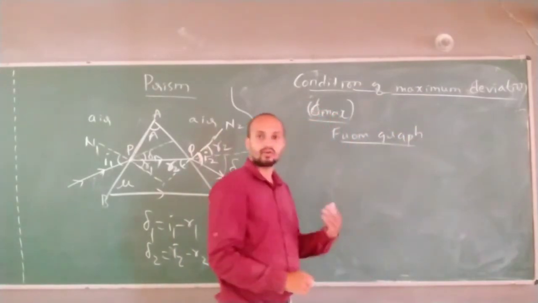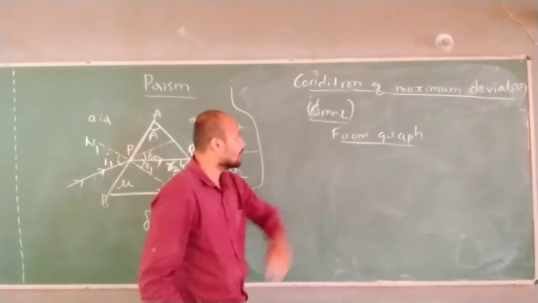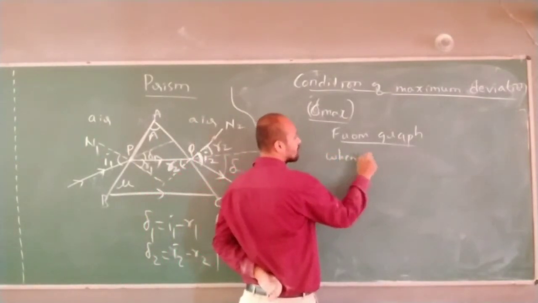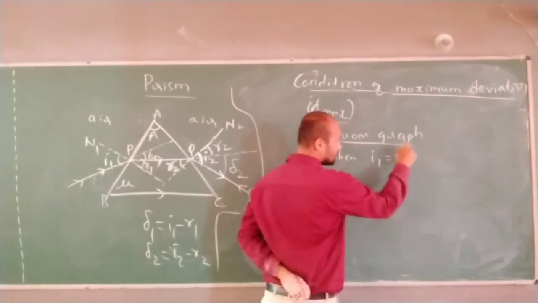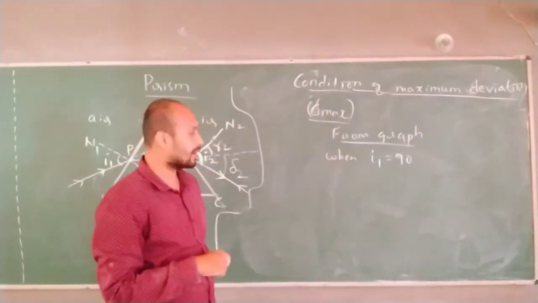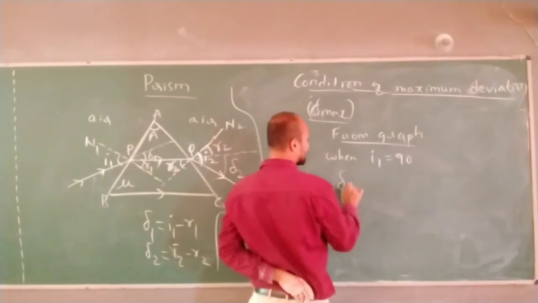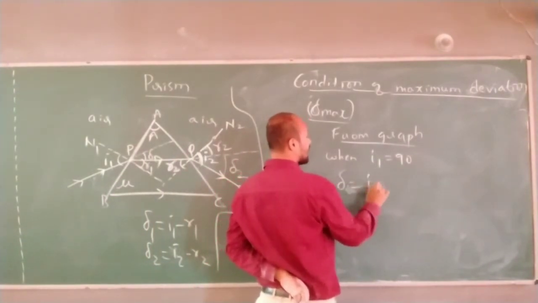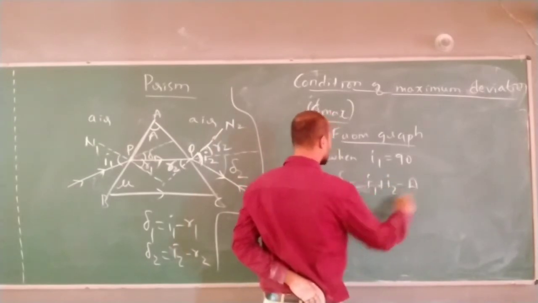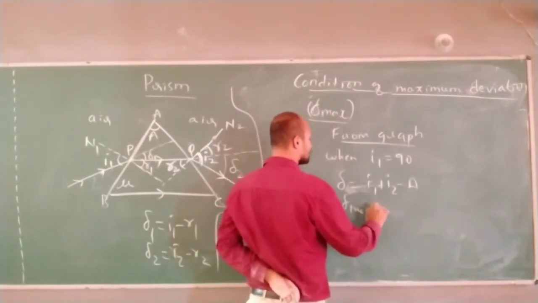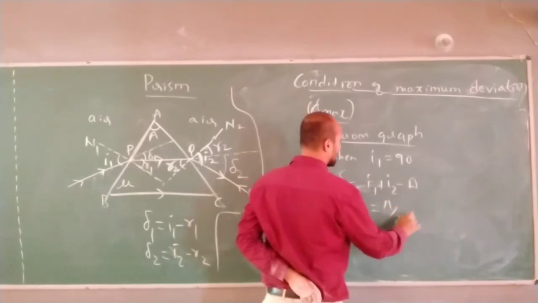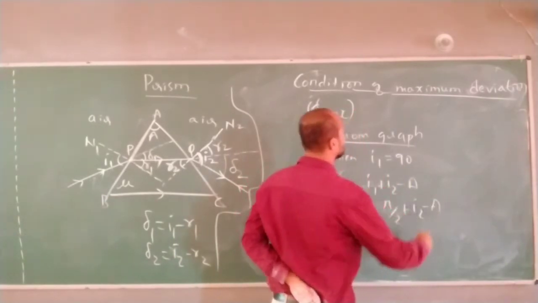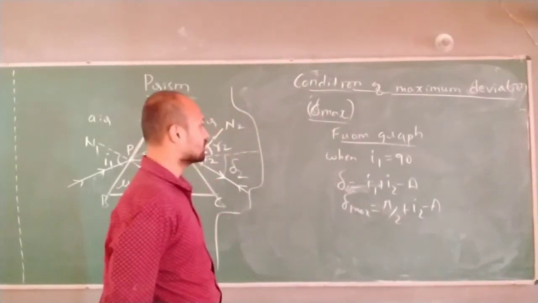See here, from the graph, when I1 is 90 degree, you found delta max. Delta is I1 plus I2 minus A, so delta max is going to become, with I1 as 90 degree, pi by 2 plus I2 minus A. This is the condition for maximum deviation.